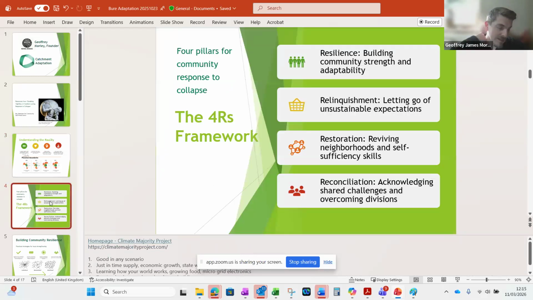I can provide all of these links afterwards, but the 4 pillars to the framework that is set out in these books are resilience, relinquishment, restoration, and reconciliation. Resilience, which is mostly what we'll be focusing on in this, is building that community strength and adaptability, things that are good in any scenario.